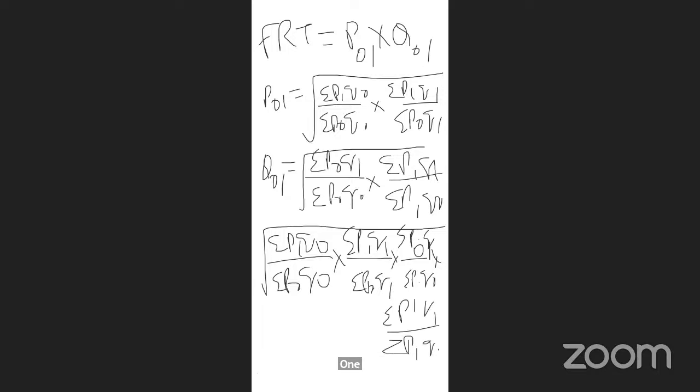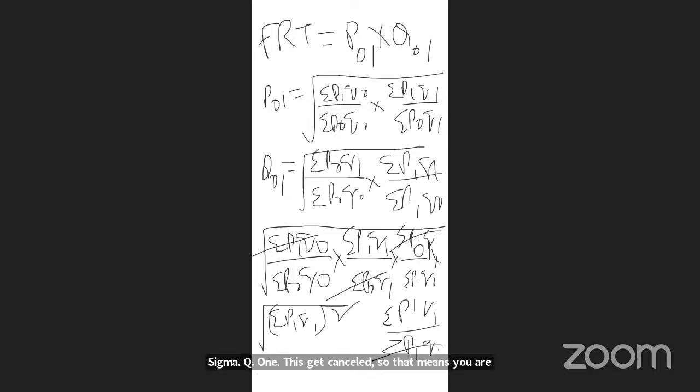Now, P1 Q0, this and this get cancelled. Sigma P0 Q1, this gets cancelled. So that means you are left with sigma P1 Q1 whole square divided by sigma P0 Q0 whole square. So this square and this square root get cancelled. So you are left with sigma P1 Q1 divided by sigma P0 Q0.